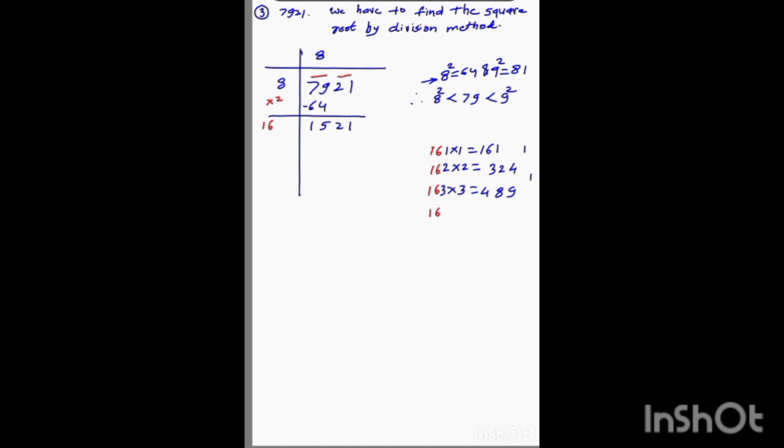Then 164 into 4 is 6, carry 1, then 24, 25, 656. Okay, 656. Then 165 into 5.